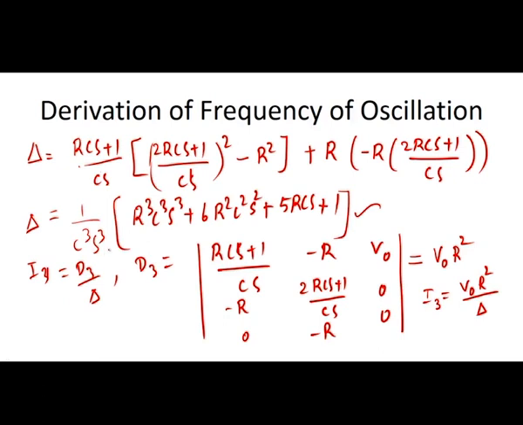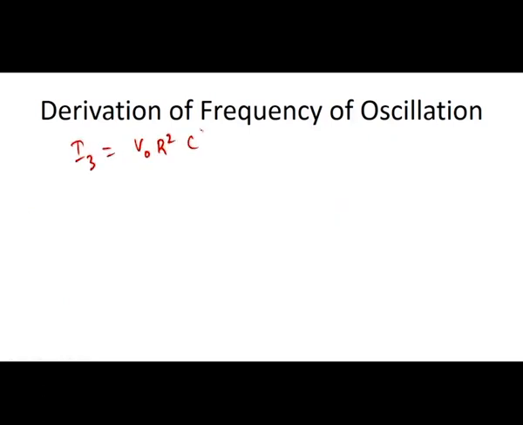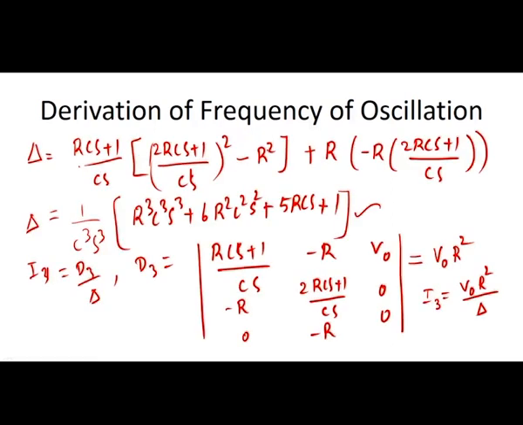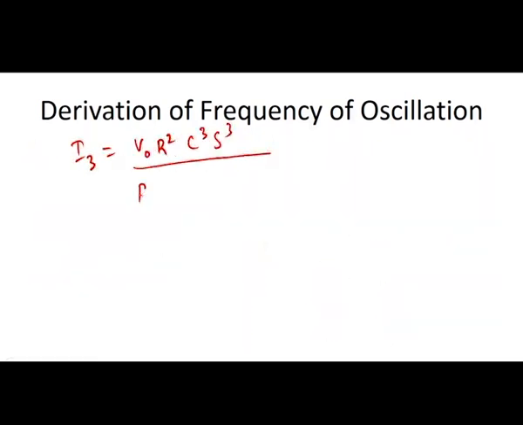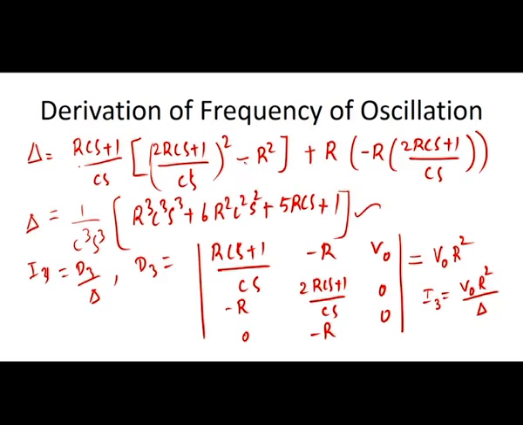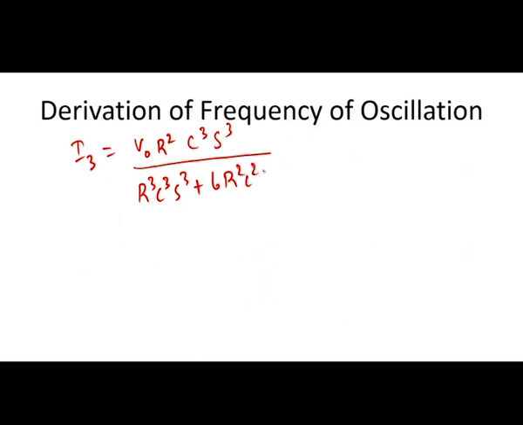Here this will be coming to the numerator, c cube s cube, divided by everything in the denominator. It is r cube c cube s cube plus 6 r square c square s square plus 5 r c s plus 1.